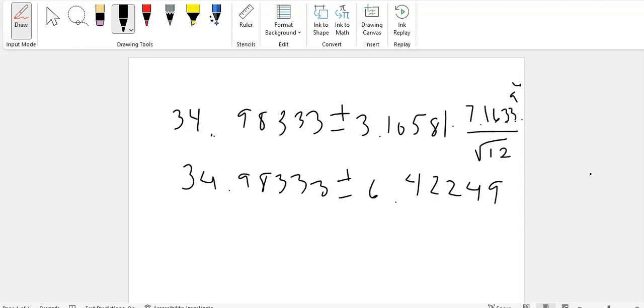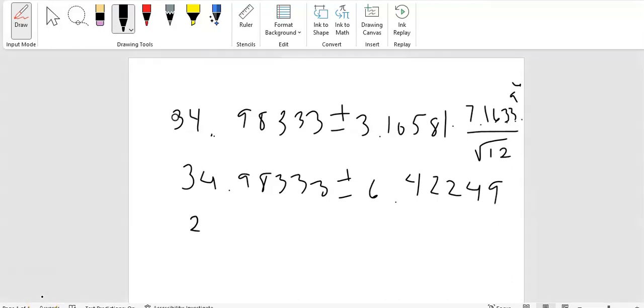We need to get the lower end and the upper end of our interval. So we need to take 34.98333 and subtract 6.42249. And then we need to take 34.98333 and add 6.42249. So I will first do the subtraction, 34.98333 minus 6.42249.